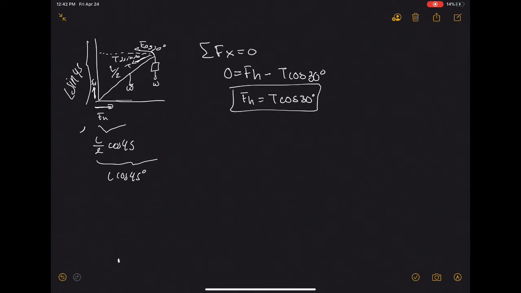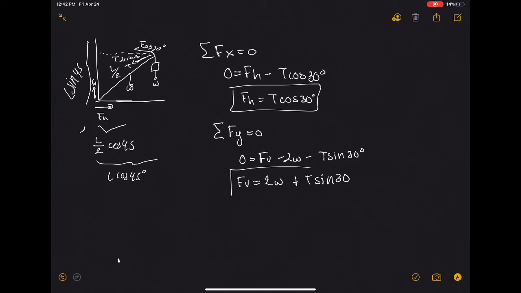Also, we're going to do the sum of all the forces in the y direction. 0 equals the force in the vertical direction minus 2W pulling down, and minus the T sine 30. So FV equals 2W plus T sine 30. That's what we get for the sum of all the forces in the horizontal and the vertical direction.